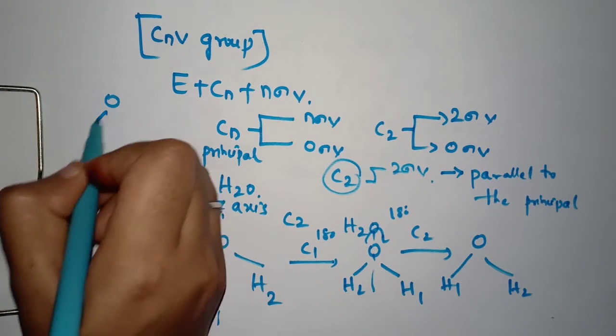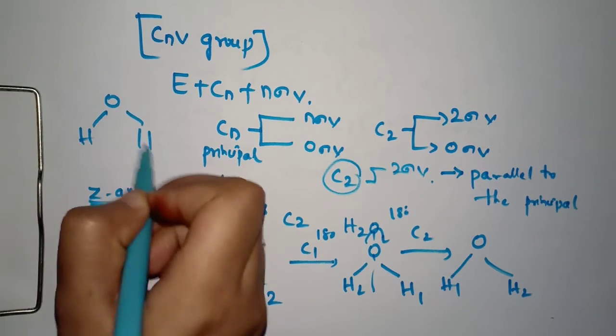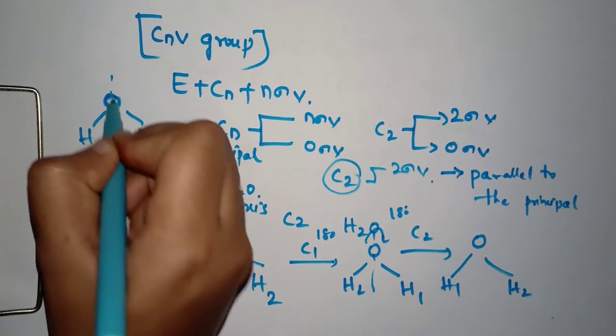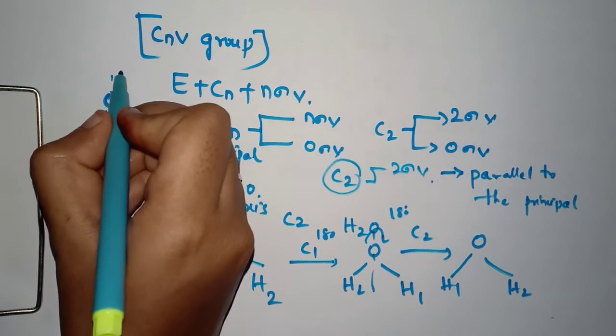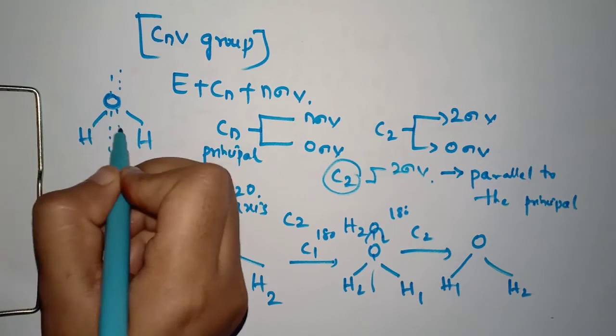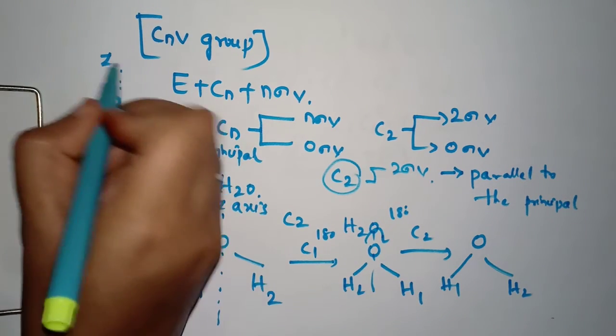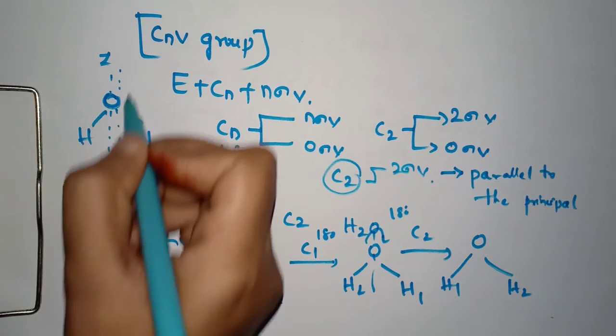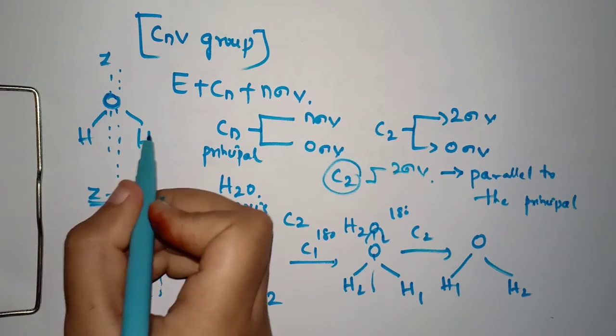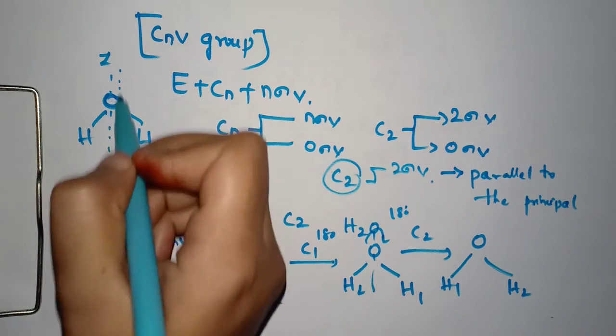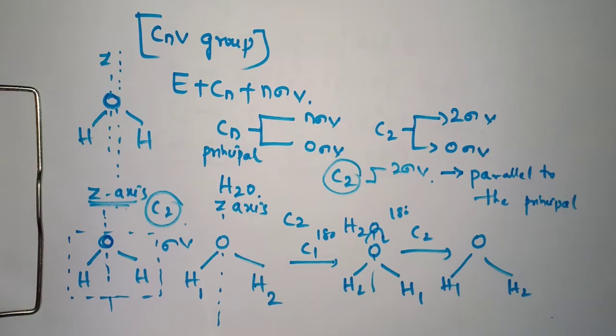For another sigma v, again there is a principal axis. Beside it, if we draw an imaginary plane, it is also parallel to this principal axis. Yes or no? Yes. So it is the z axis. Here is a plane which is parallel to the principal axis.